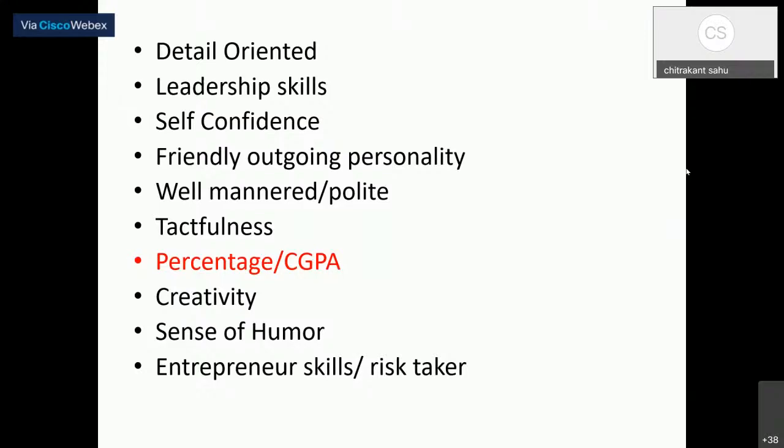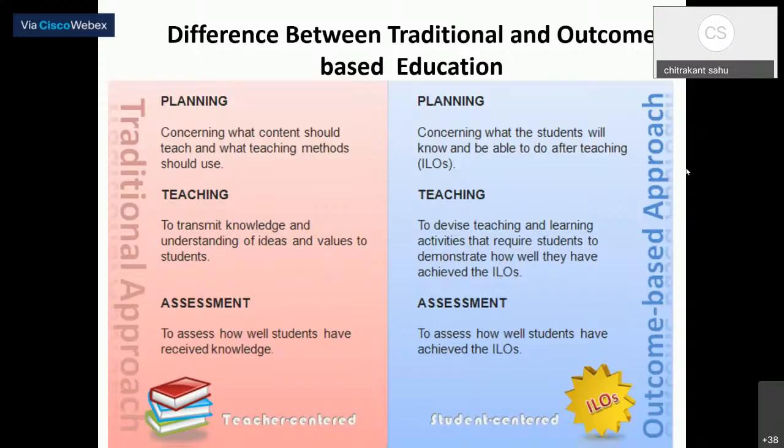There are 20 attributes required by an international company to hire any graduate. So that is why the need for outcome based education has arisen, and most institutions in India are practicing it nowadays.